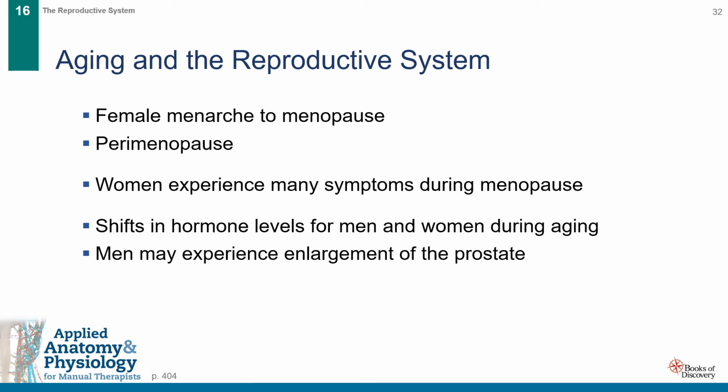A common condition for people in this age range is an enlargement of the prostate gland called benign prostatic hyperplasia, or BPH. In BPH, the prostate can grow up to 4 times its normal size and obstruct the urethra.